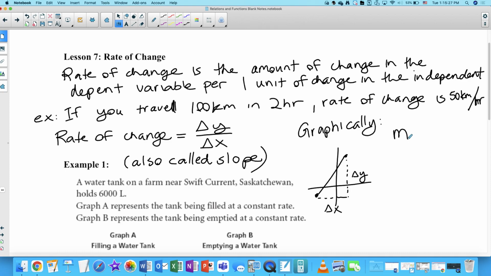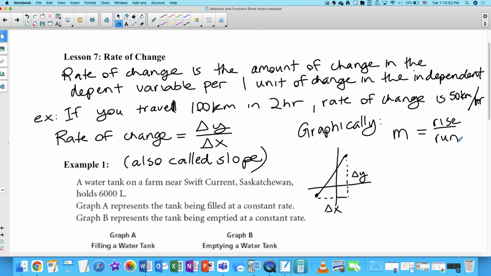Okay. And then when you're doing that, when your equation is y equals mx plus b, that's what you substitute. Exactly. Actually, I'm going to go a little further here. Rate of change, we can say exactly what it is when we have something like you travel 100 kilometers in 2 hours. Graphically, I can count how much to go up from here to here, how much to go from here to here.